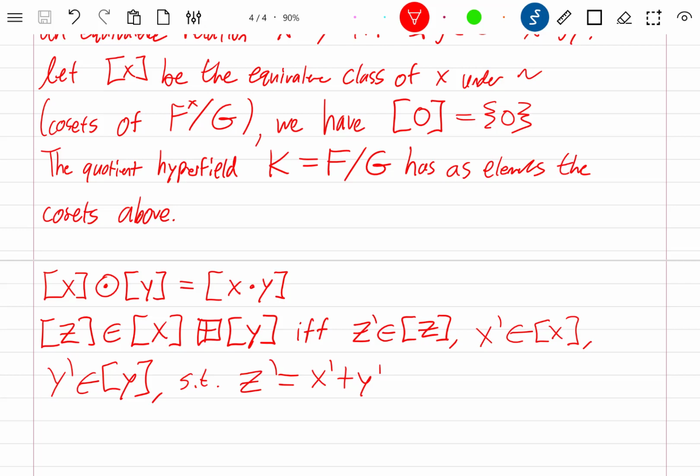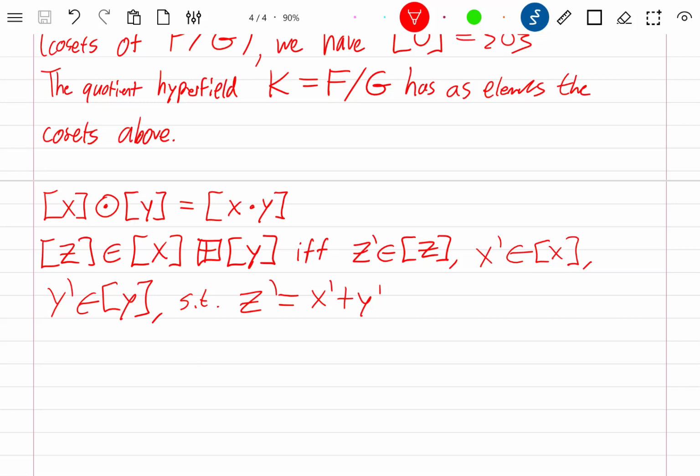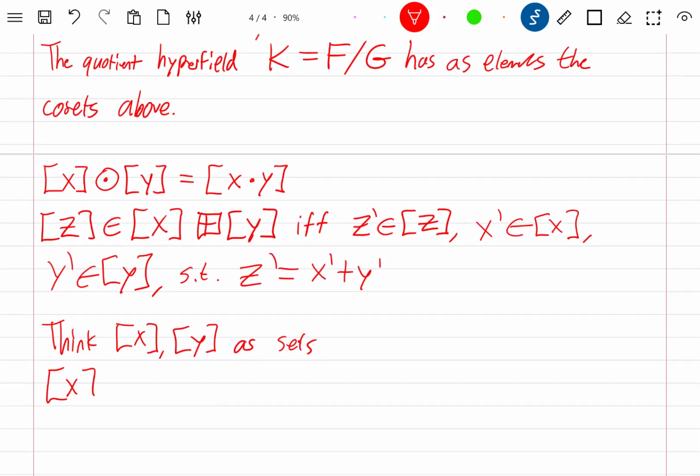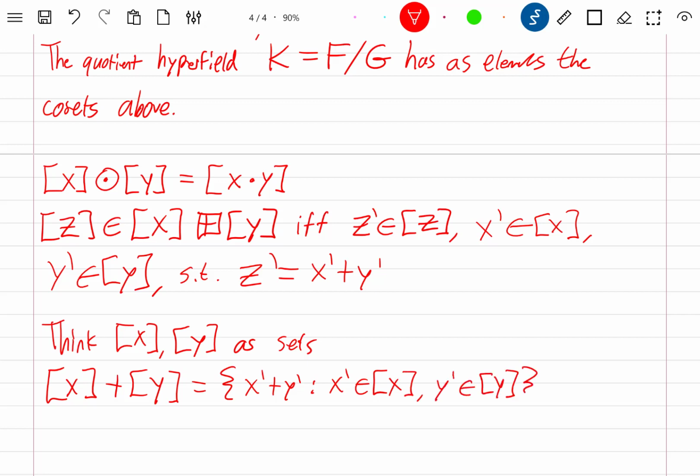There is one comment I have on how I like to think about this addition. If we think of x and y as sets, then what we can do is consider the set sum, so to say, of x and y. So this is the set of elements x prime plus y prime, where x prime is in the equivalence class of x, and y prime is in the equivalence class of y. So this is a set.